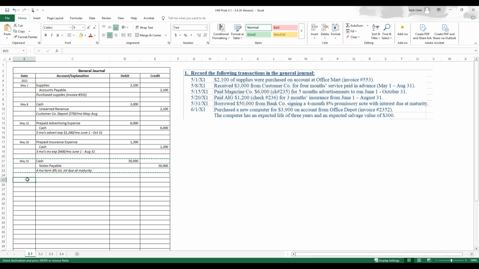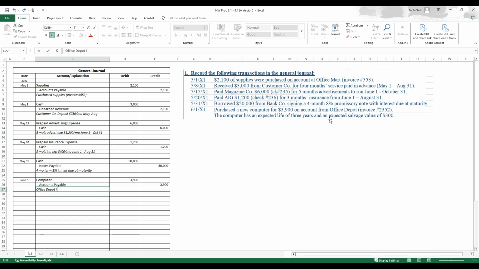And our last entry is going to be on June 1st. And we purchased a new computer. So we'll put in computer to our computer asset account, $3,900. And we bought it on account. So we'll do accounts payable there. And oh, look, we already linked above because we copied that down, so that's nice. And let's see, what do we need to know?